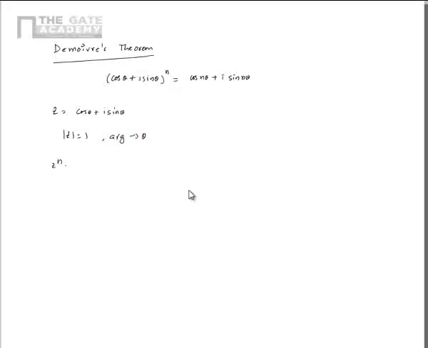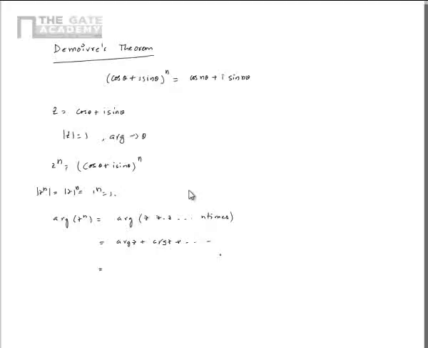Now if I have z to the power n, which is nothing but (cos theta plus i sin theta) whole power n, then the modulus of z to the power n is 1 to the power n, which is 1. Now the argument of z to the power n will be the argument of z added n times, that is argument of z plus argument of z and so on, because when multiplying, the angles get added up.